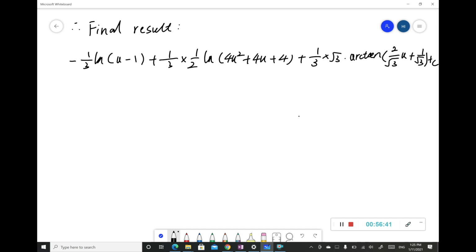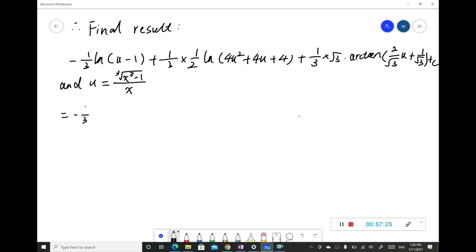And since the u value equals the radical of x cubed minus 1, divided by x, we just need to bring the u value into the equation, then we get the final answer.